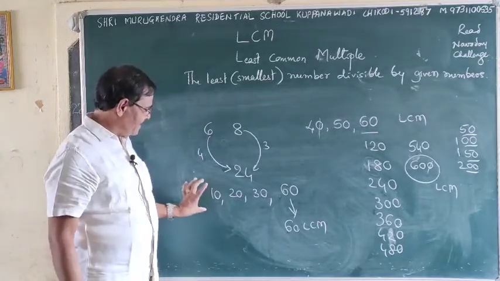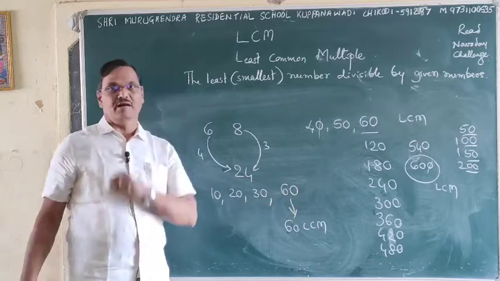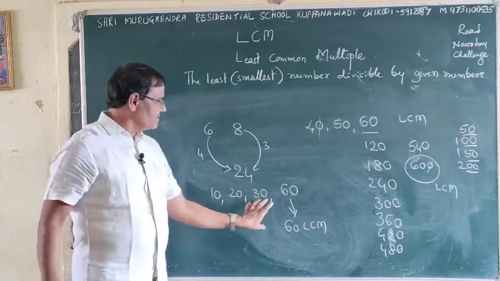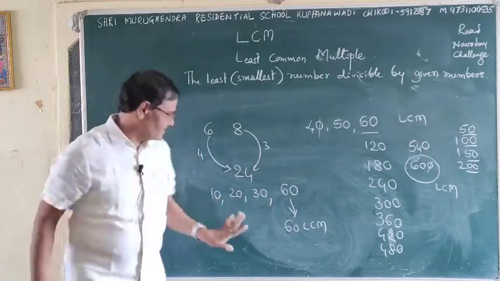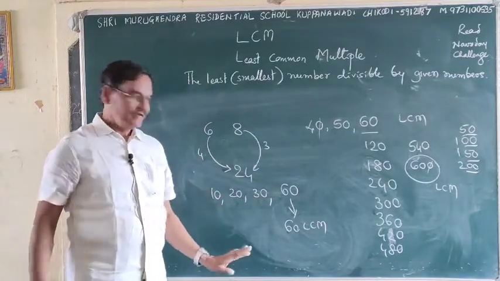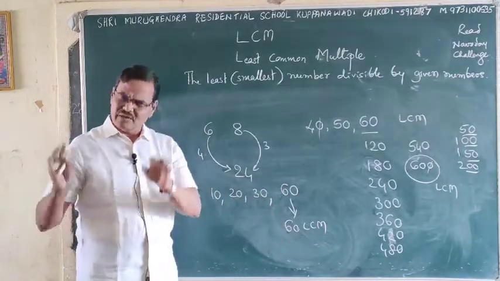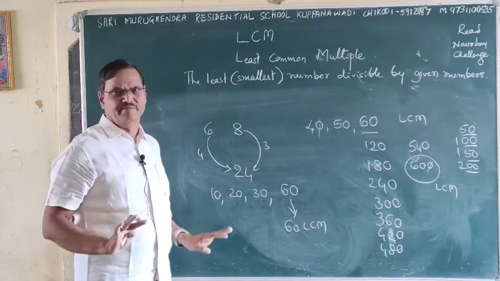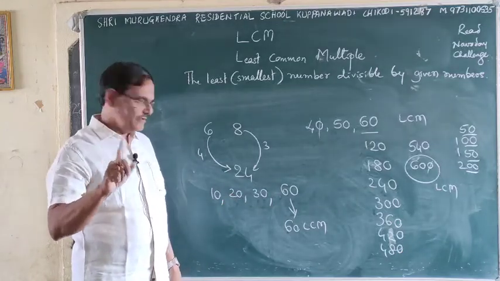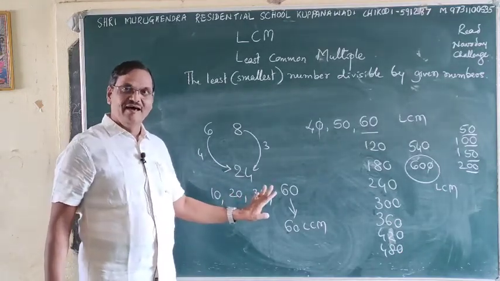Understood? Say among given numbers 60 is the bigger number and 10, 20, 30 are its factors. Then that bigger number itself is the LCM. Okay?